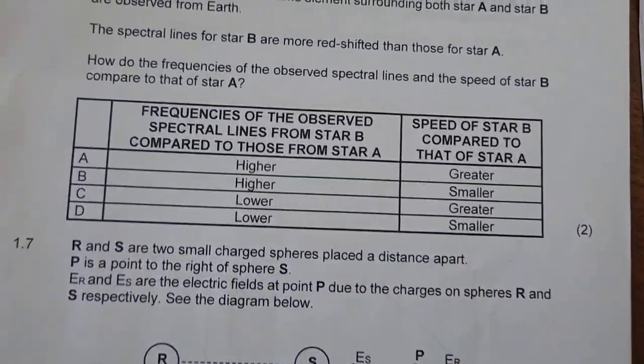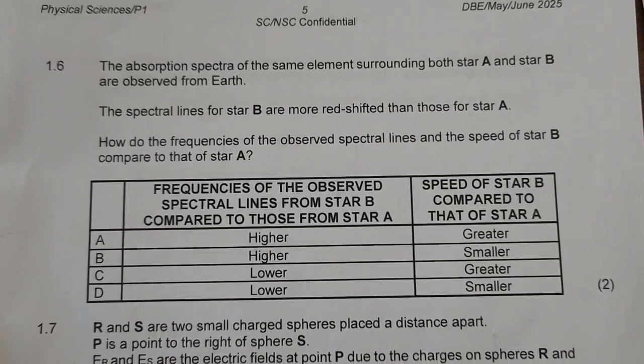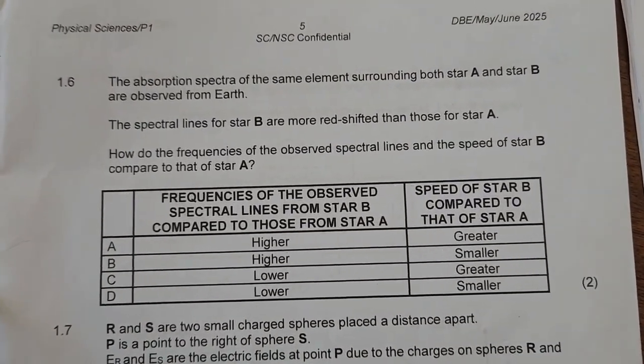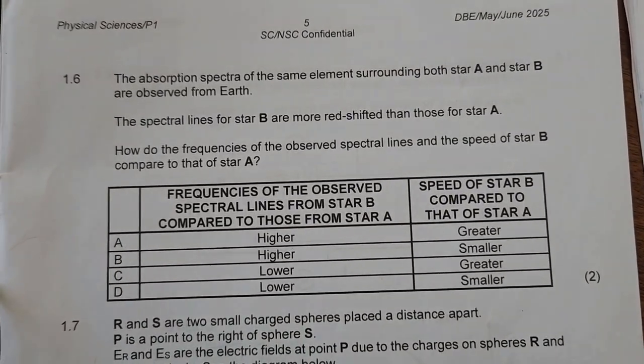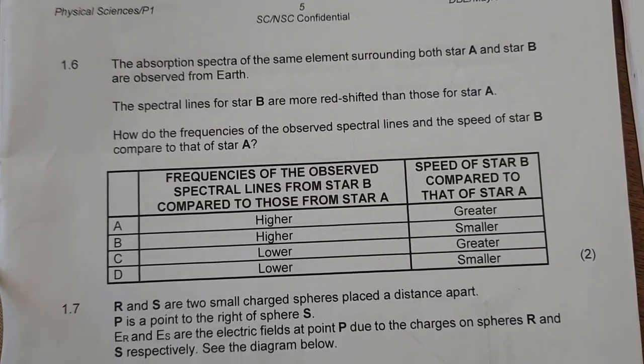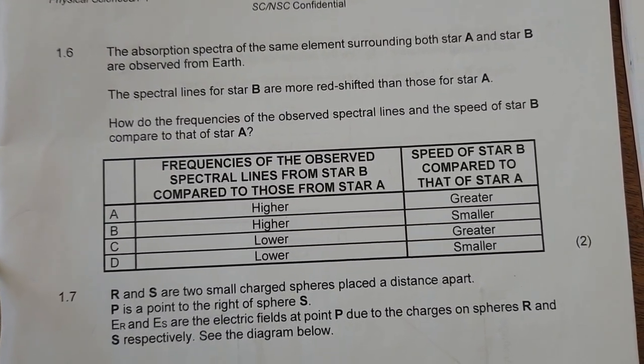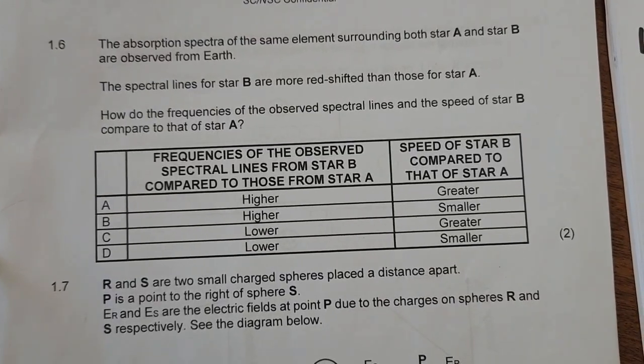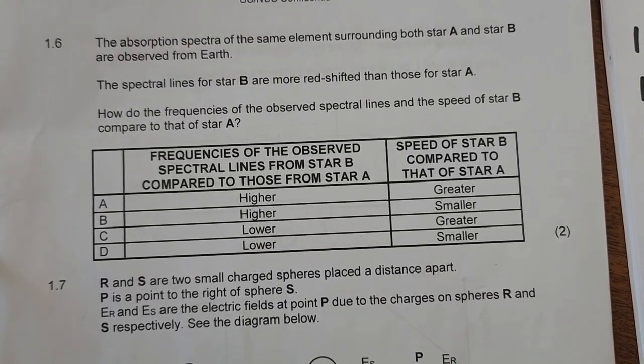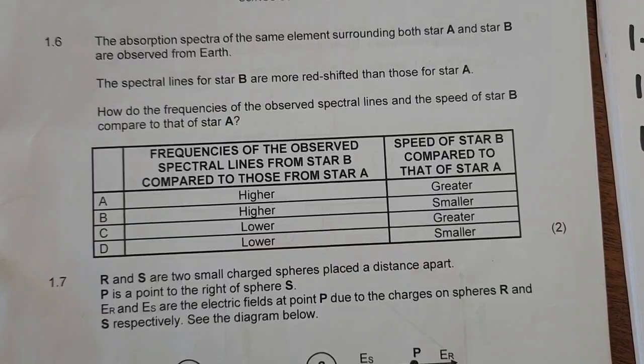Then we go to 1.6. Remember, 1.6 is Doppler. In the multiple choice, questions are normally related to questions that are in the structured form. The absorption spectra of the same element surrounding both star A and star B are observed from Earth.